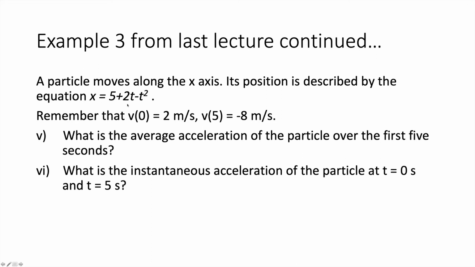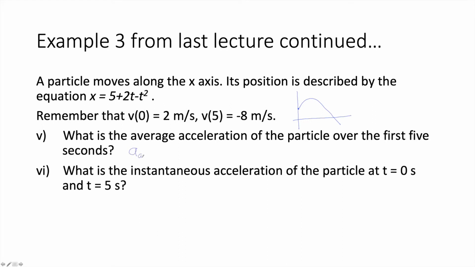Remember, it was moving along a parabola, starting at 5 meters. Distance was increasing and then decreasing a bit like this. And we're asked, what is the average acceleration of the particle over the first 5 seconds?